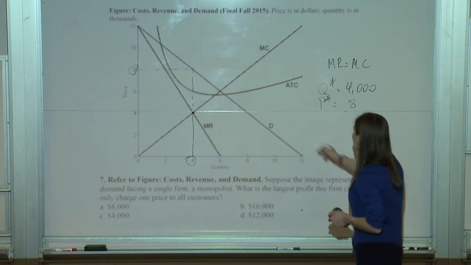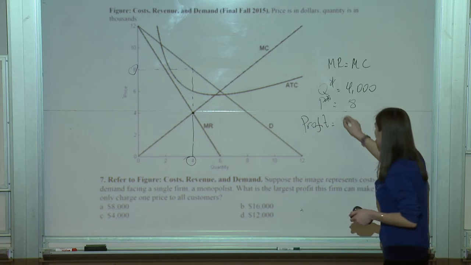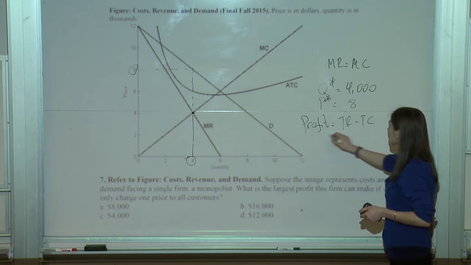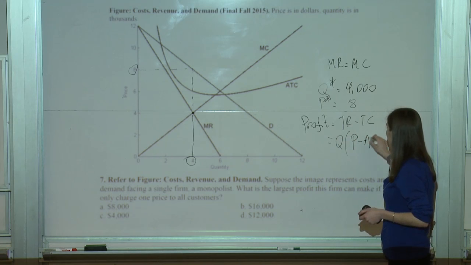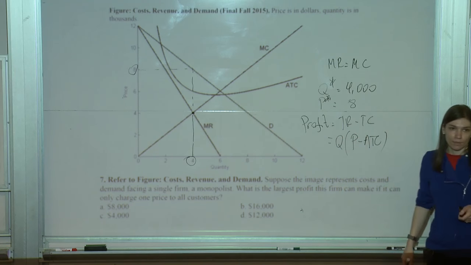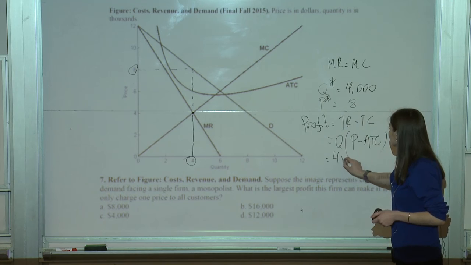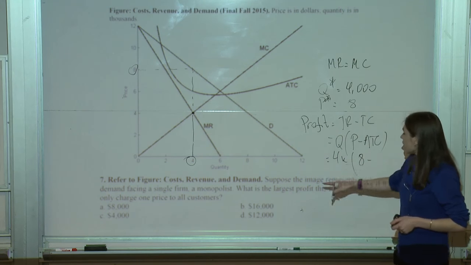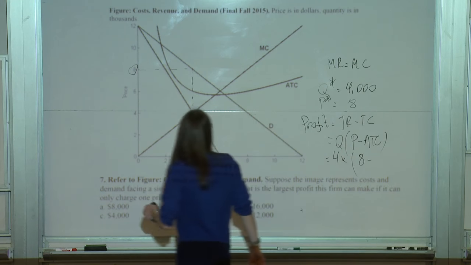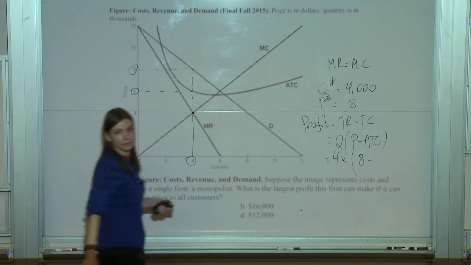And as before, we know that profit is either total revenue minus total cost, or we could represent that as quantity times price minus average total cost. Quantity we know is 4,000. The price we know is going to be 8. And at the quantity of 4,000, what is average total cost? It's 6.